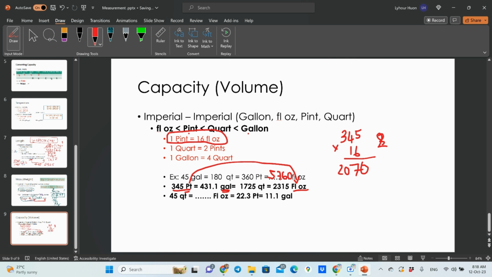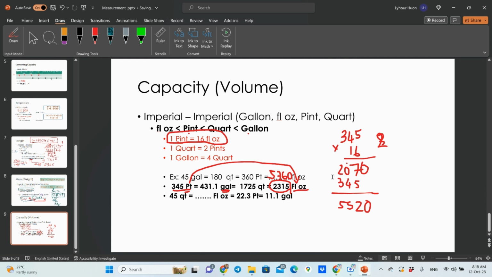Now 1 times 5, we don't need to do multiplication, just copy it here. And 0, 2, 5, and 5. Oh wow. So this is 5,000, not 2,000.